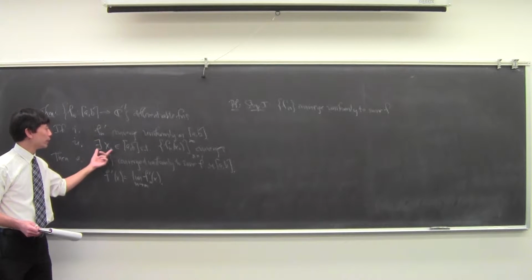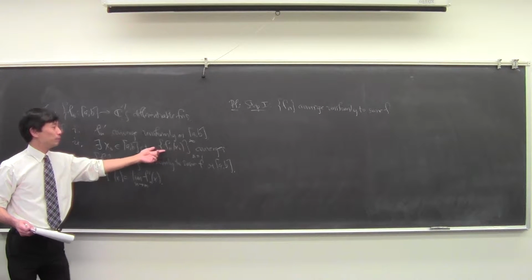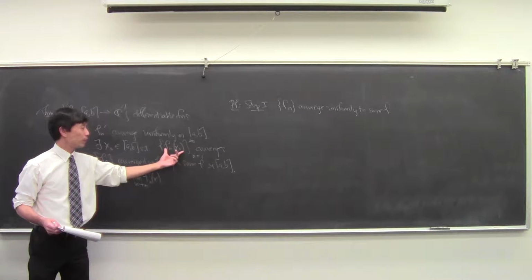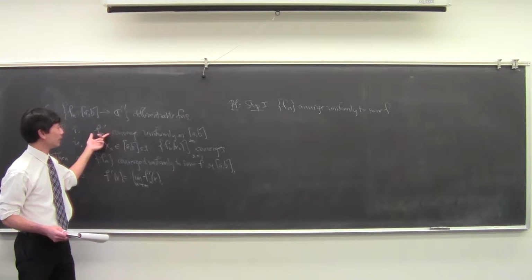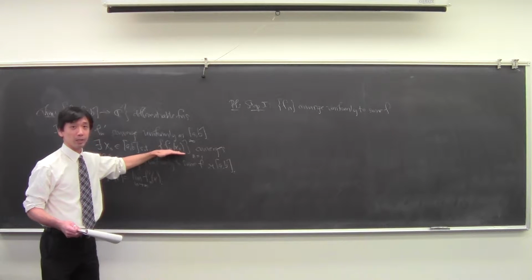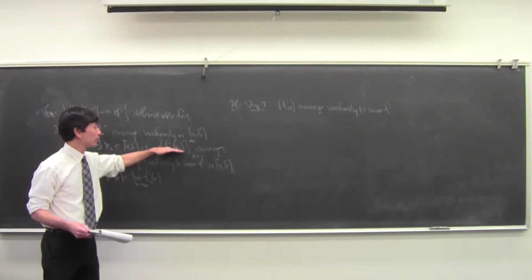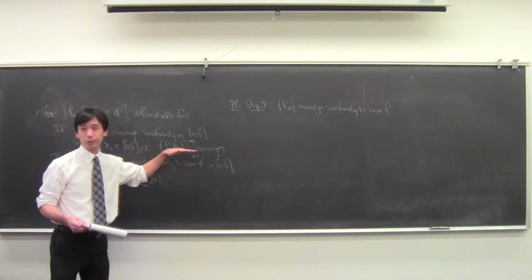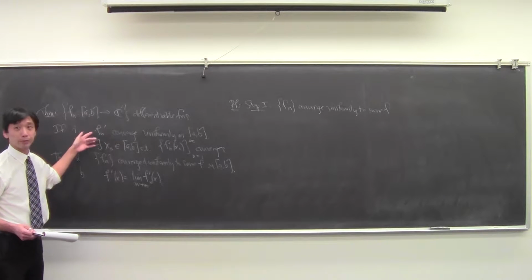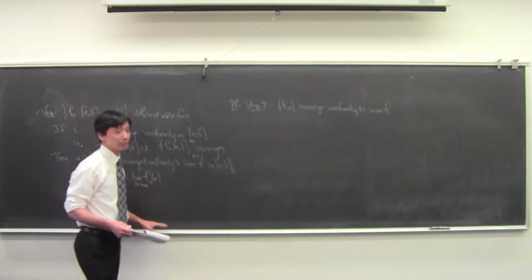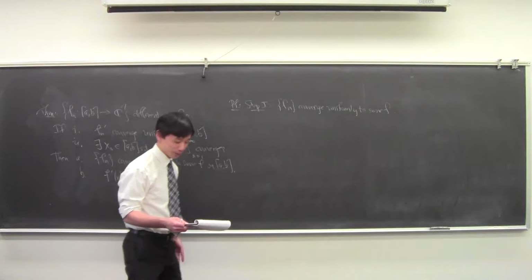And then if you have convergence at some point, then the difference between the functions themselves is going to be small over the whole interval, right? And that gave us the Cauchy criterion for uniform convergence. So anyway, if you don't remember it, go back and look at it.